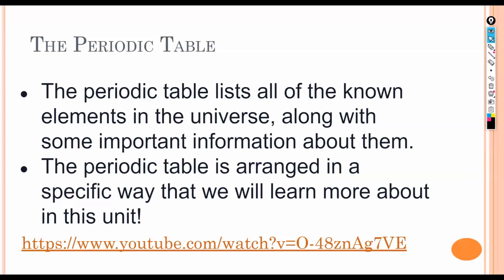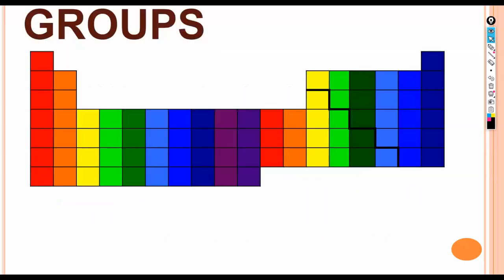Okay, so hopefully you found that video interesting and helpful. But let's take a look at the periodic table. Now, the very first thing we're going to look at is how the periodic table is organized.